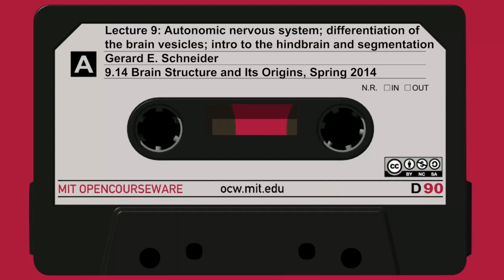The lateral apertures, for those history buffs, are named for Luschka, because Luschka discovered them, and other people named them after him. And then there's one right in the midline that's named after Magendie, because he described it. Okay? So that's how the fluid gets out.